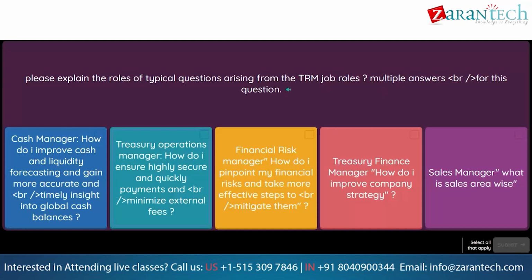Option 2 Treasury Operations Manager, how do I ensure highly secure and quickly payments and minimize external fees? Option 3 Financial Risk Manager, how do I pinpoint my financial risks and take more effective steps to mitigate them? Option 4 Treasury Finance Manager, how do I improve company strategy? Option 5 Sales Manager, what is sales area wise?